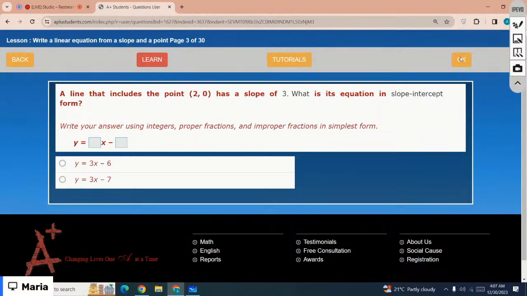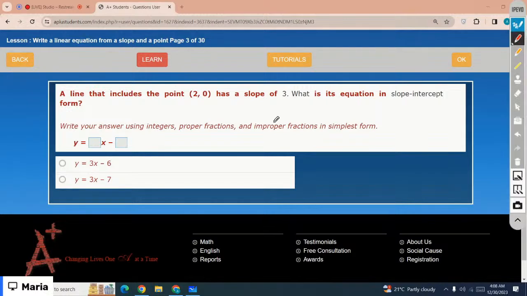A line that includes the point 2, 0 has a slope of 3. What is its equation in slope intercept form? So which is the correct option? The point is 2, 0, right? And the slope is 3, so the equation is y equals 3x plus b.